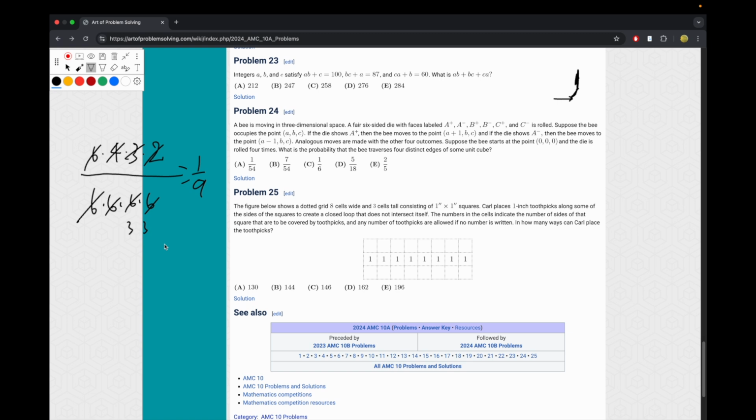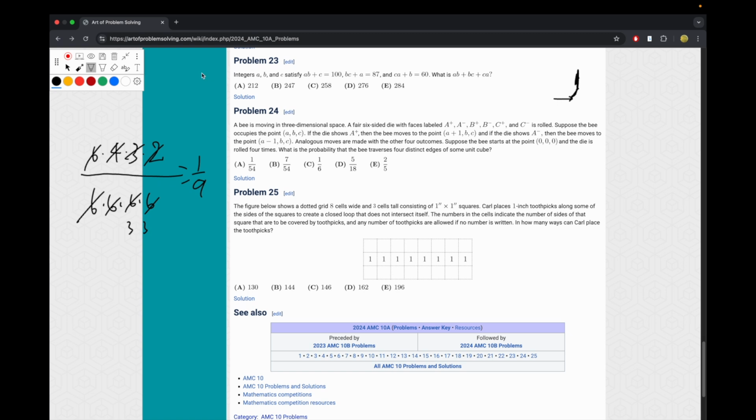So we have a total of 6 times 4 times 3 times 2 cases, and the probability of each case is 1 over 6 because it's a fair 6-sided die. That means our answer should be 1 over 9. However, 1 over 9 is not one of our answer choices, and I'm guessing.